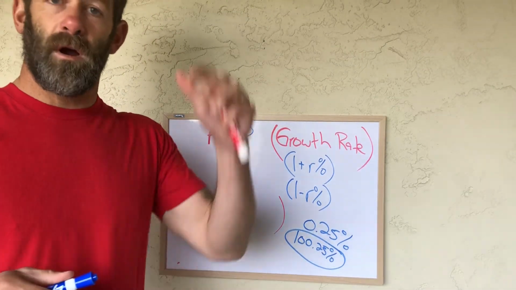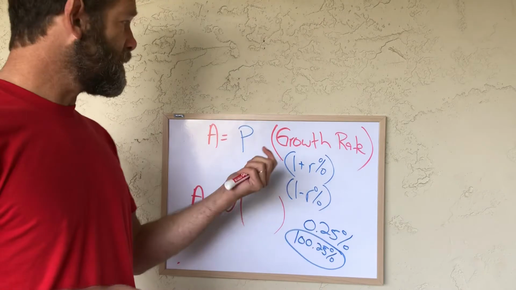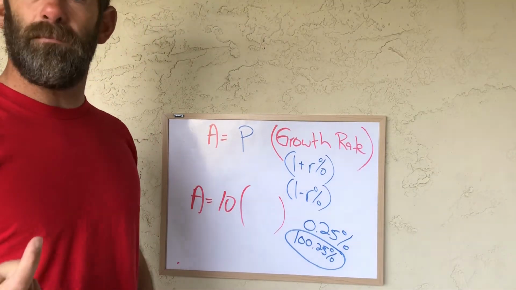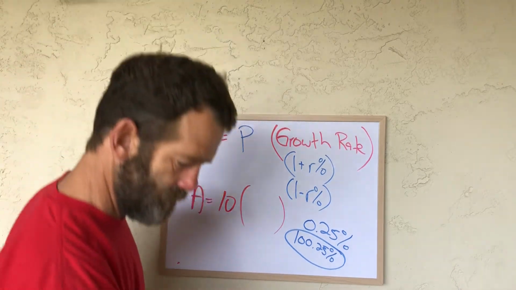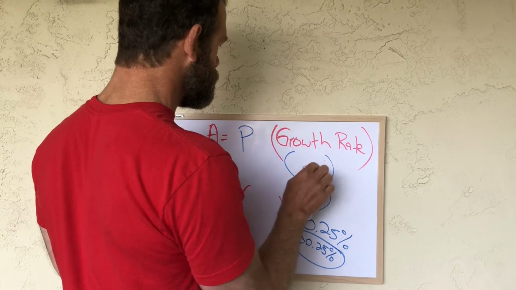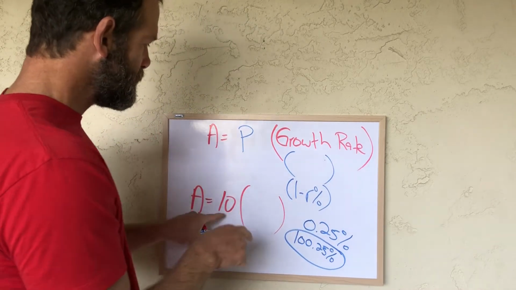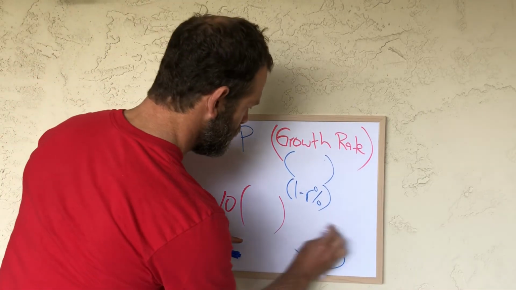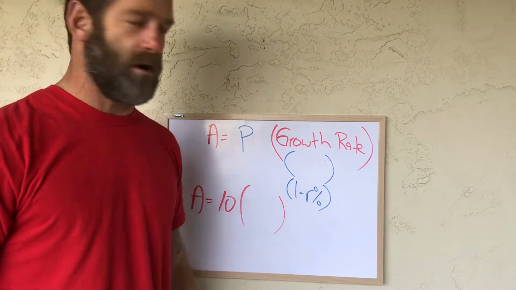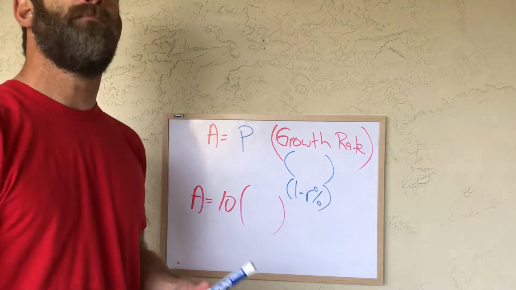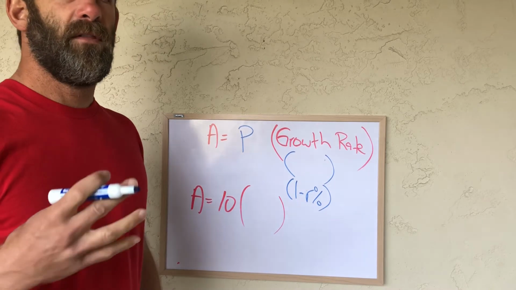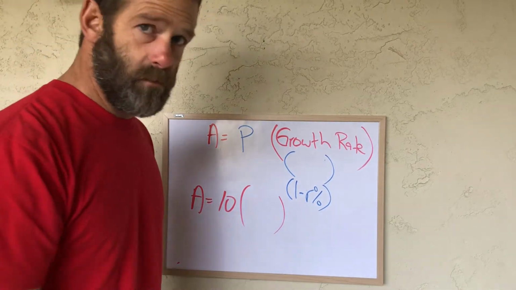What if, let's look at the car, for example. The car growth rate, or technically it would be a decay. Let's say you purchase a car, your starting amount, let's just keep these numbers the same, and let's say your principal amount, you buy some crappy car for 10,000 bucks, but every year it loses 3% of what it was the year before.